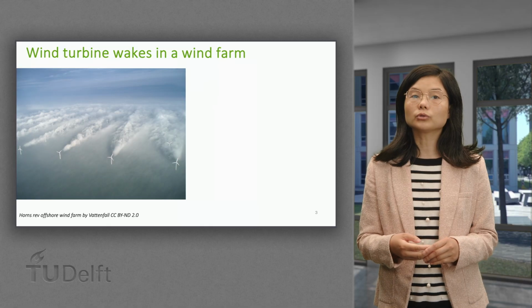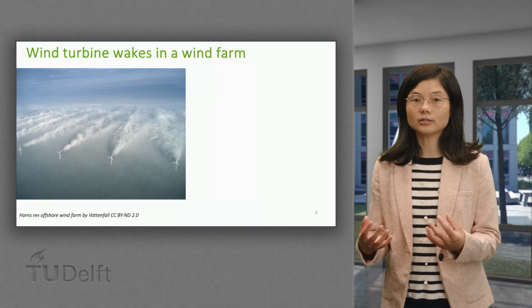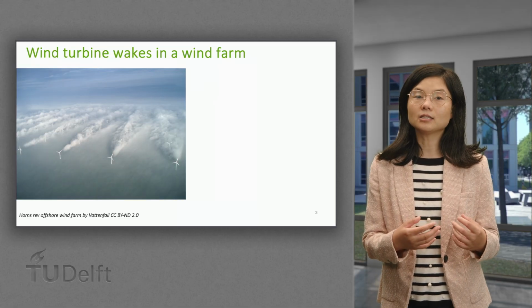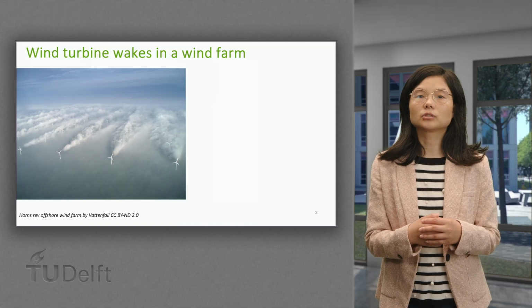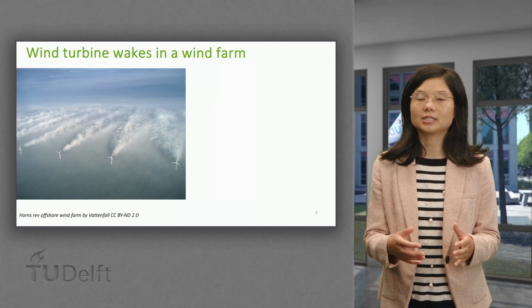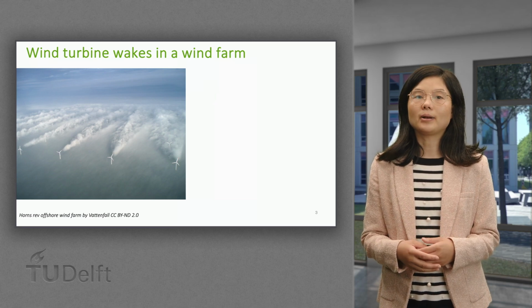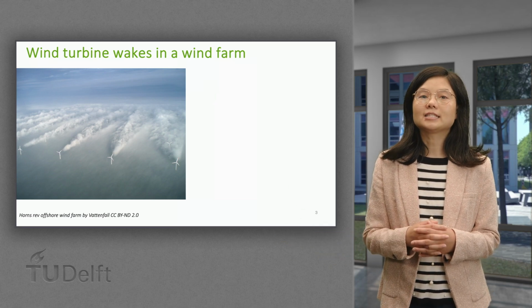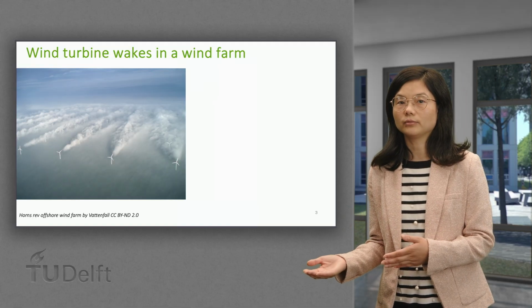As we learned in the rotor aerodynamics session, a wind turbine rotor extracts energy from the wind by exerting a force on the incoming flow. This causes the wind speed to decrease as it passes through the rotor plane. Additionally, as the blades rotate, they disturb the surrounding air and introduce turbulence into the wake flow.